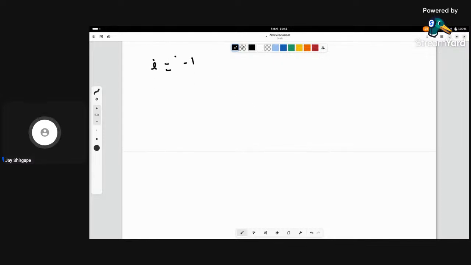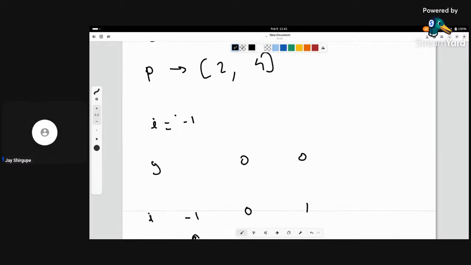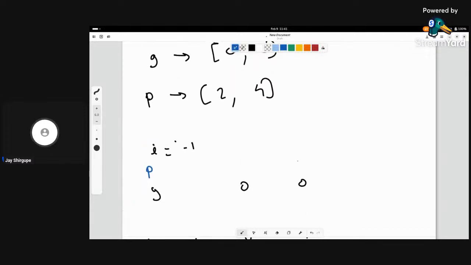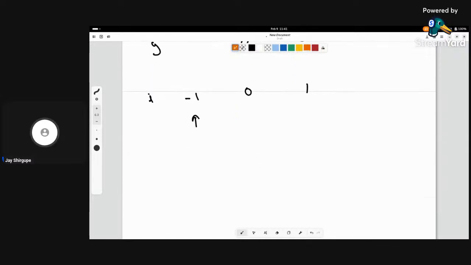You basically had these game scores which were 0 0, and your indices -1, 0 and 1. So you started here. Also, your points were 2 and 4.